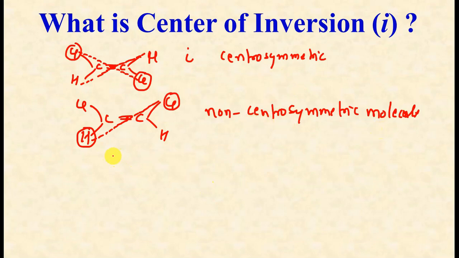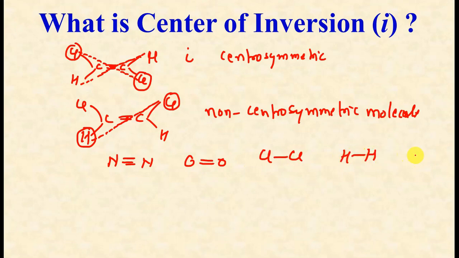Many diatomic molecules like N2, this is the structure, O2, Cl2, H2, F2, etc. they all contain center of inversion. If this is the point from where we can extend a line on both sides, it is meeting the oxygen atoms.